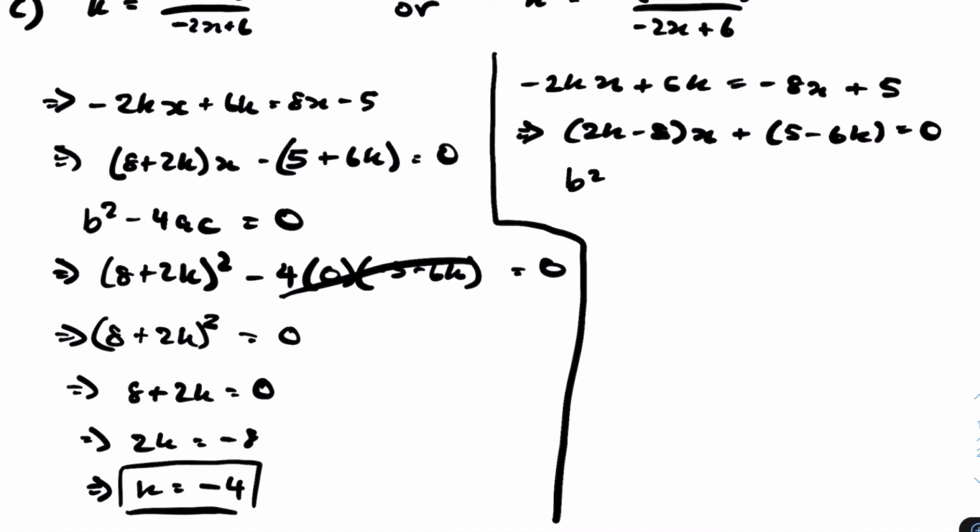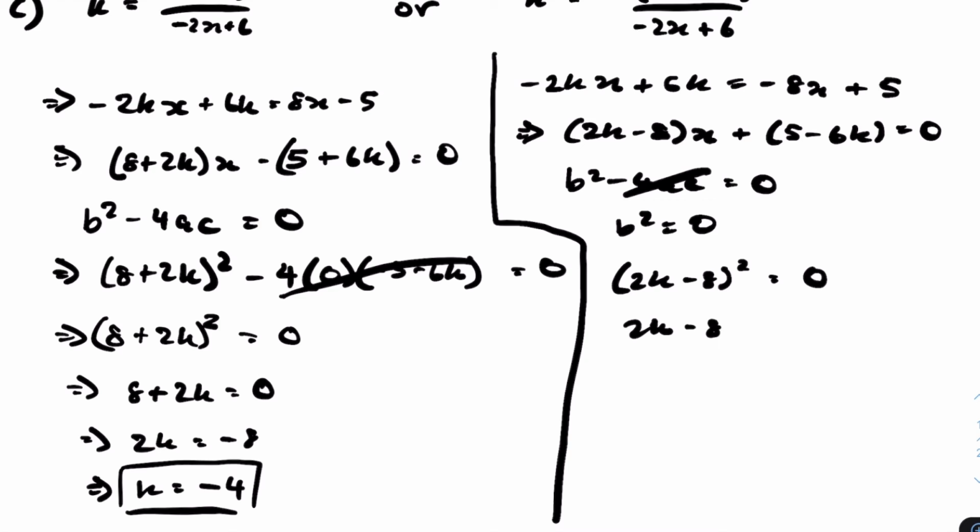So if we use the discriminant, again, since we have no a, this part is irrelevant, so it's just b squared is equal to 0. So our b squared is (2k minus 8) squared, which is supposed to be equal to 0. So 2k minus 8 is equal to 0, and k is equal to 4. And this value over here is a lot more plausible because it's actually in the positive region.